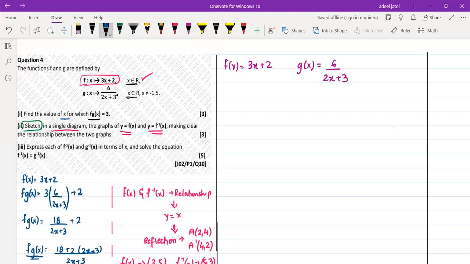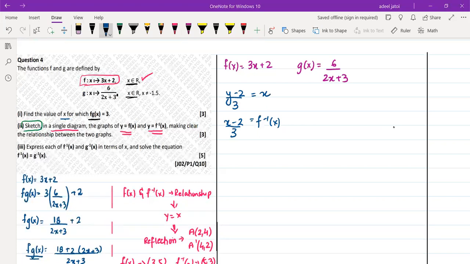Let's change these values. Can we say to change this, f(x) will become y, then (y minus 2) upon 3 is equal to what? x. Obviously, y will replace f(x), then make x the subject. And then we change (x minus 2) upon 3 is equal to what? f inverse of x. So this becomes the expression for f inverse of x.